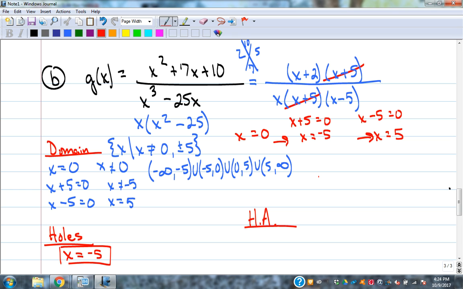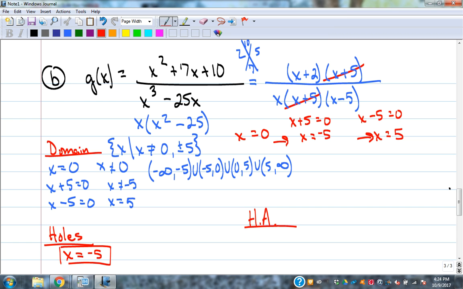All right, would this have a horizontal asymptote or an oblique? Or neither. Could be neither. Horizontal at, what's the degree of the top? Originally, it's 2 and 3 on the bottom. At the simplified step, we've got x up here and then x times x down here.